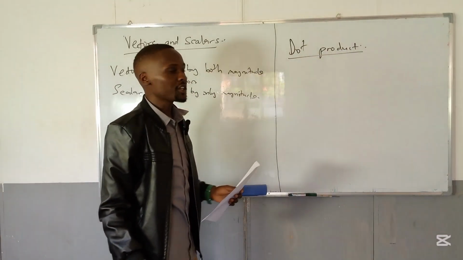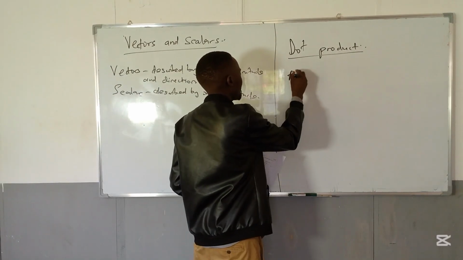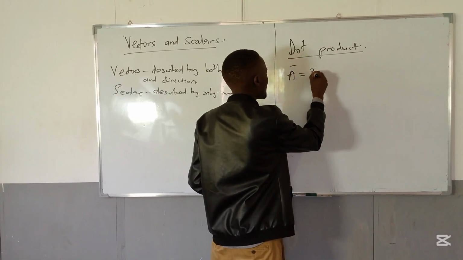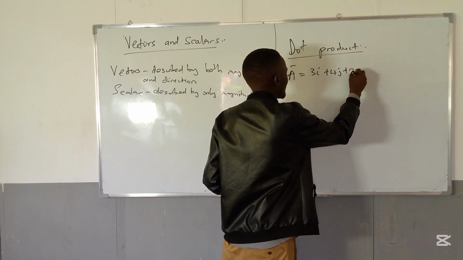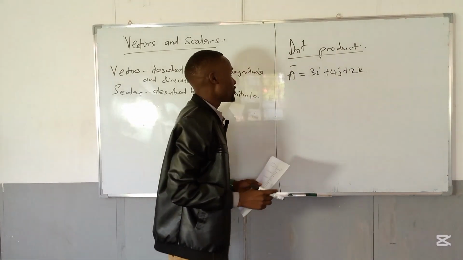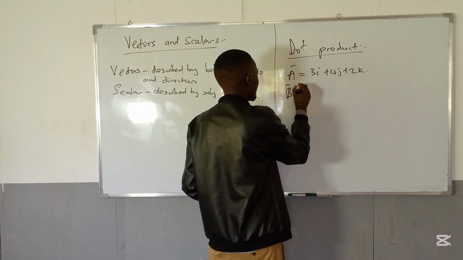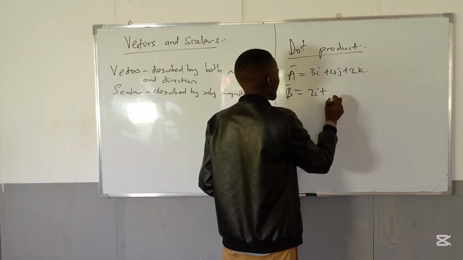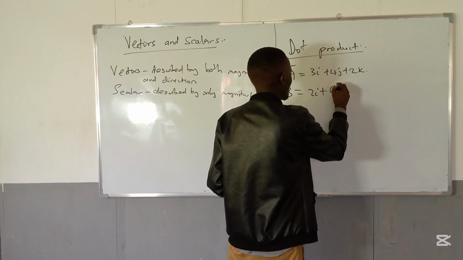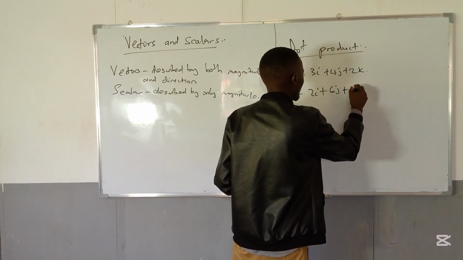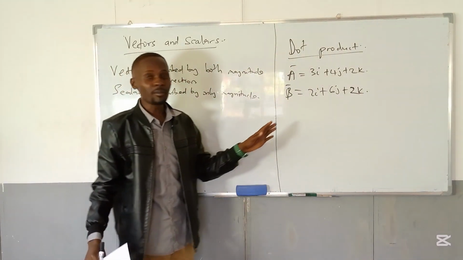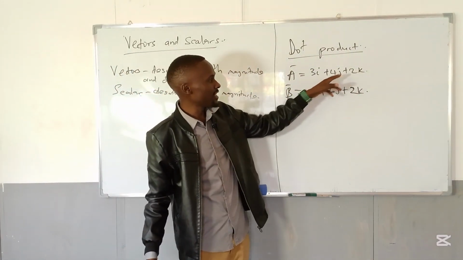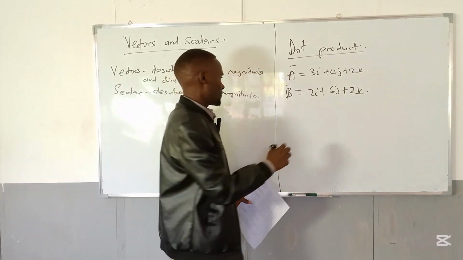So for example, if I give you a vector A, which is 3i plus 4j plus 2k, and I give you a vector B, which is 2i plus 6j plus 2k. First of all, what do we mean by these letters, i, j, and k?